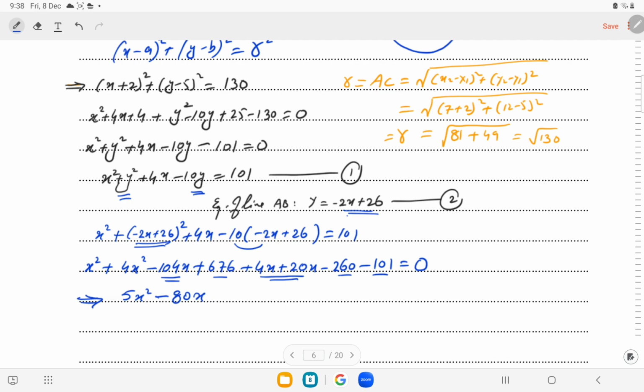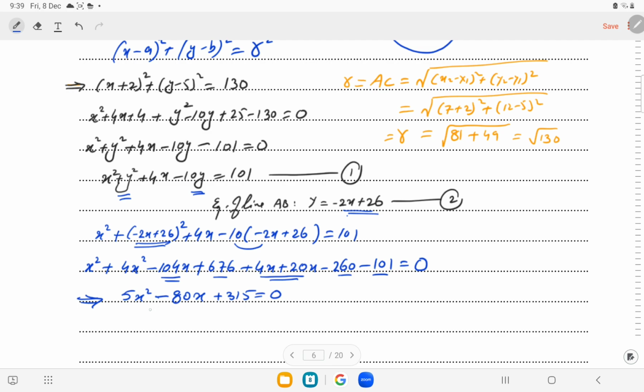Now with the constant terms we have this, this and this. So 676 minus 260 minus 101 will get plus 315 equal to 0.